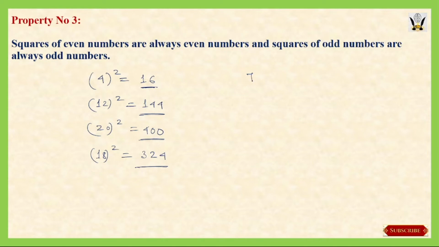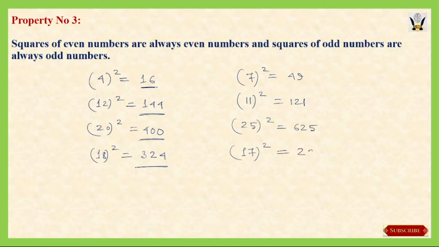If I choose 7, the square of 7 is 49, which is also an odd number. If I choose 11, it will be 121, which is also odd. If I choose 25, it will be 625, which is also odd. Then if I choose 17 and take the square, it will be 289.